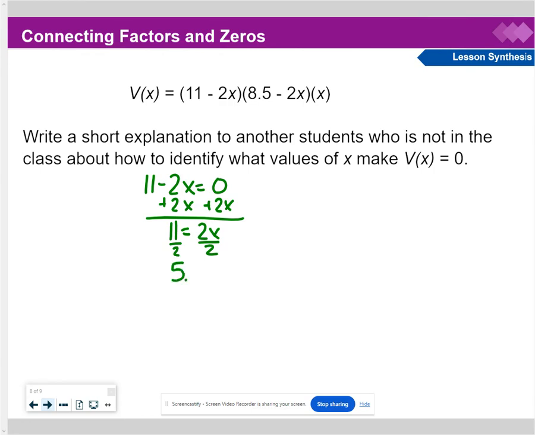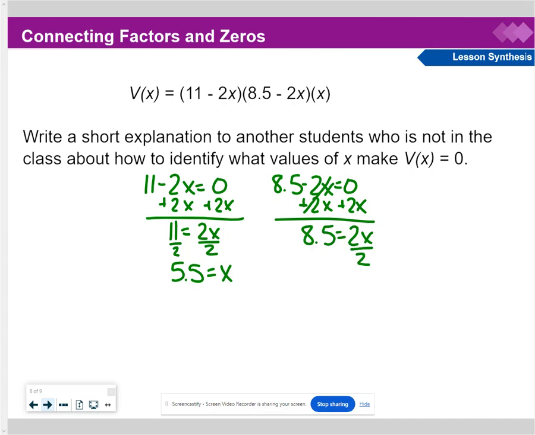That's going to be 5.5, right? For the second one, 8.5 minus 2x. Again, you can certainly move the 8.5 if you wanted to. If I move the 2x, which is not typically what we would do, I'll have positives. And half of 8.5 is going to be 4.25.